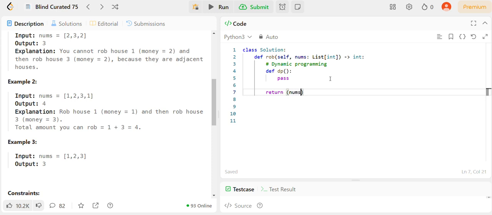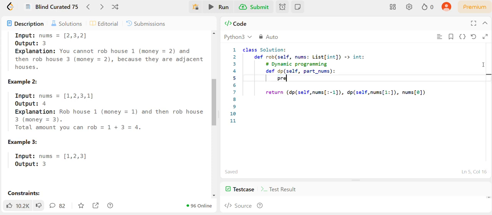So in this case, we start from the first element to the last element, and we put this part of the nums into the dynamic programming function to check our robbing strategy.